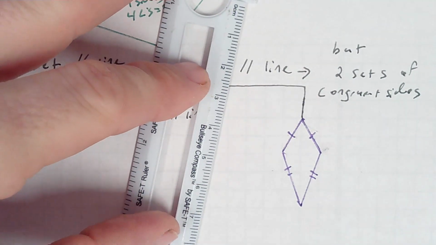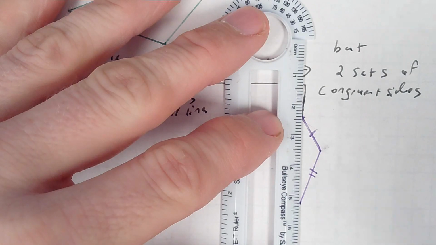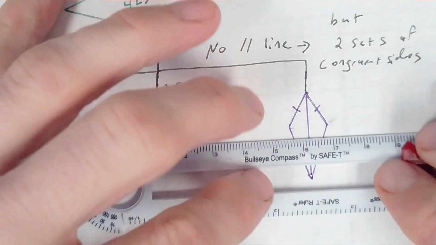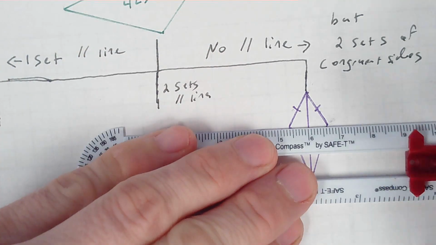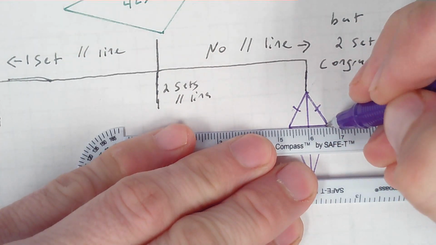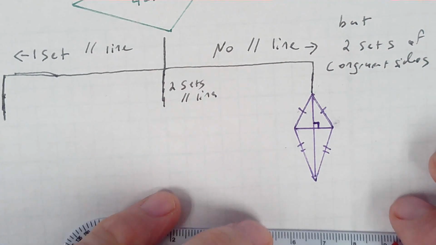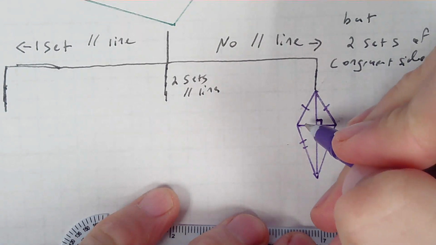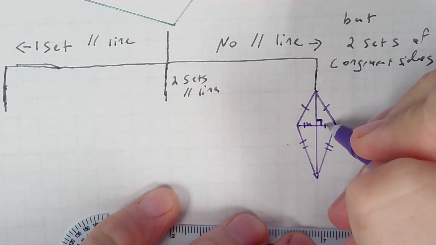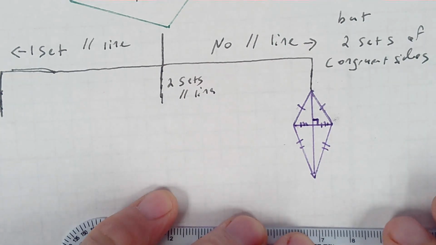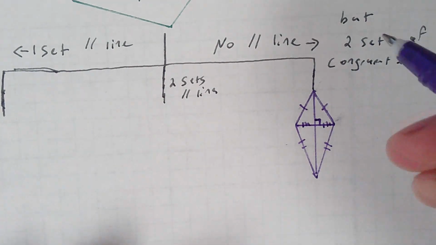Okay, and as a byproduct of that, that kite has diagonals which meet at 90 degrees. Those diagonals are perpendicular, and this line segment and this line segment are congruent. So that is a kite.